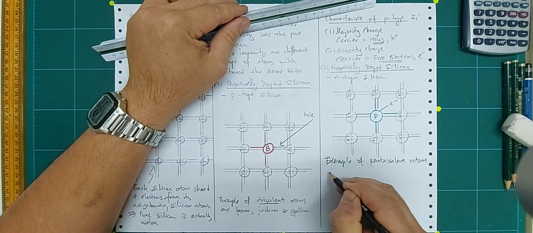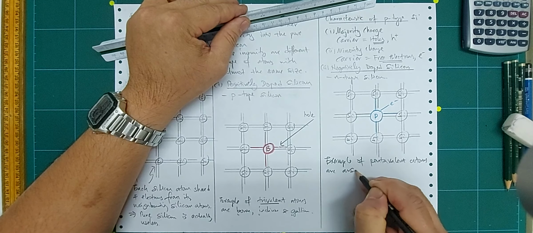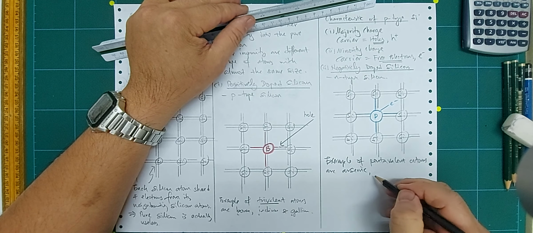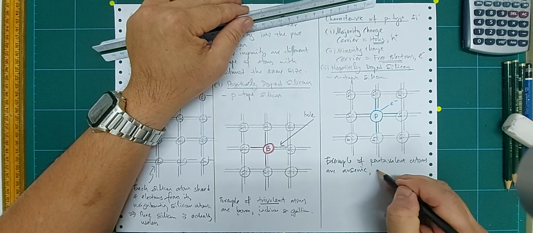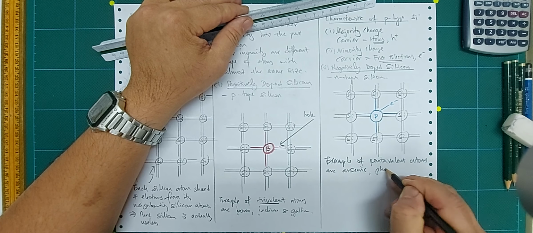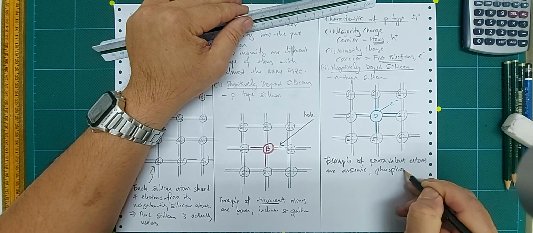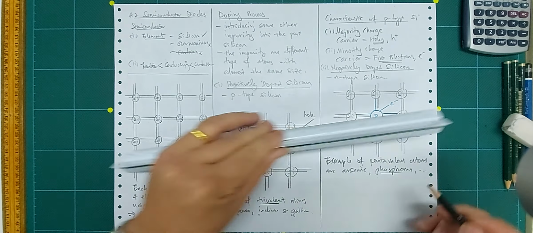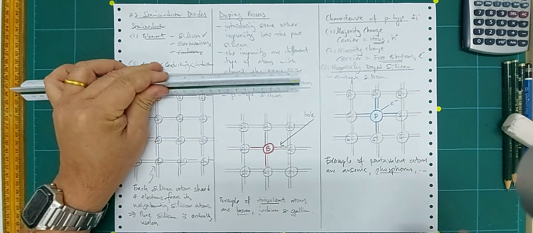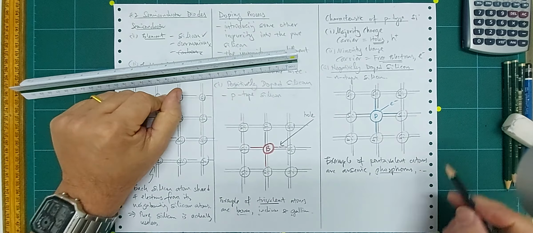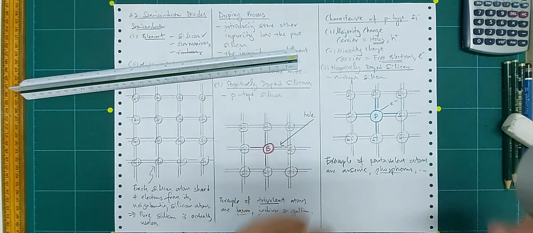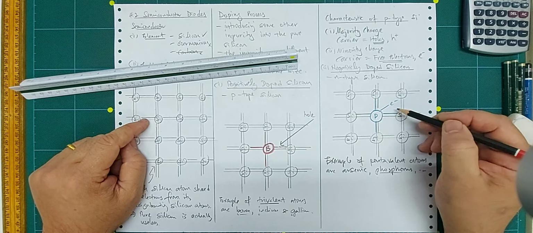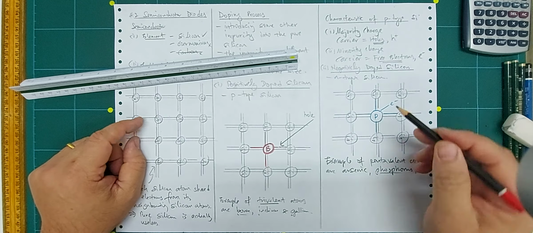Pentavalent atoms are arsenic, which is very poisonous, and also, for example, phosphorus. So we use phosphorus here, just like we used boron before. That means this silicon structure is going to have extra negative electrons roaming around inside.